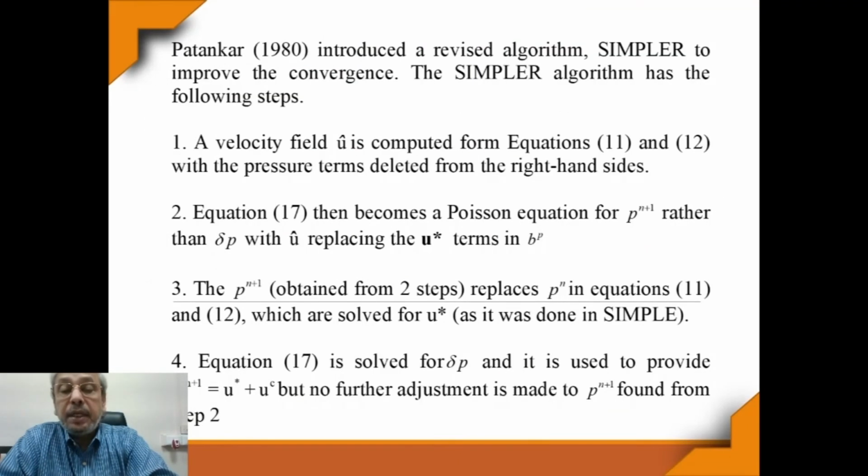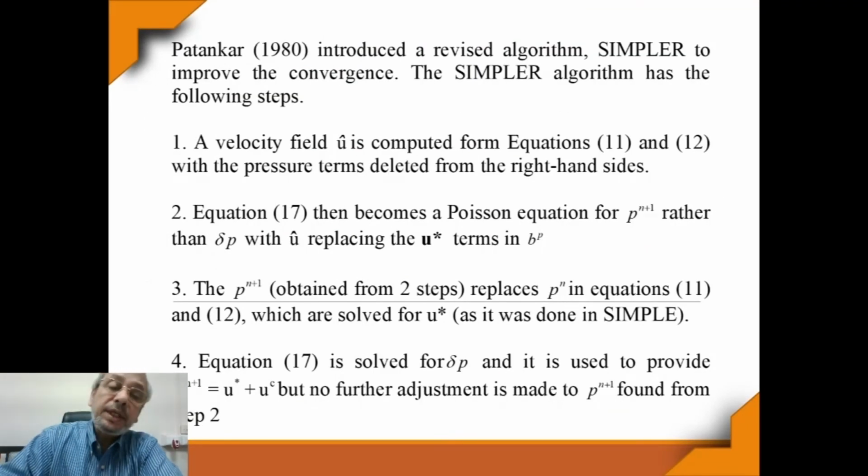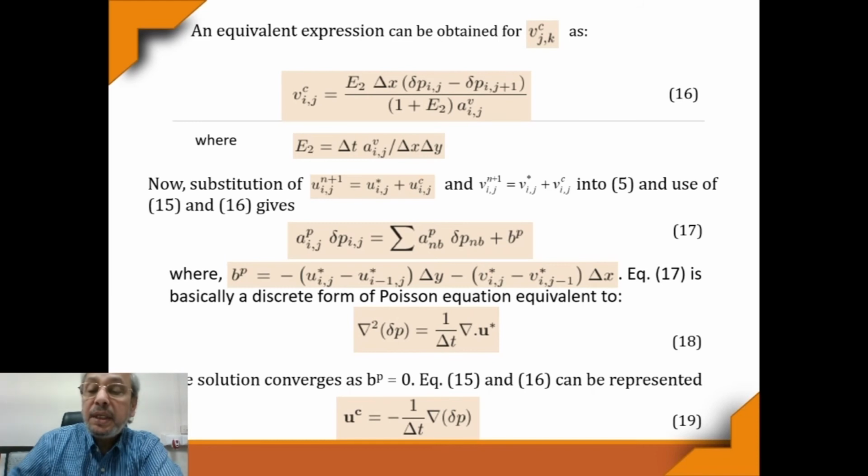And then we use 11 and 12 and find out U star. With this U star, we again come back to equation 17, and we keep on calculating delta P from 17 or 18, but we don't change the pressure because already we have finalized the pressure as Pn plus 1.